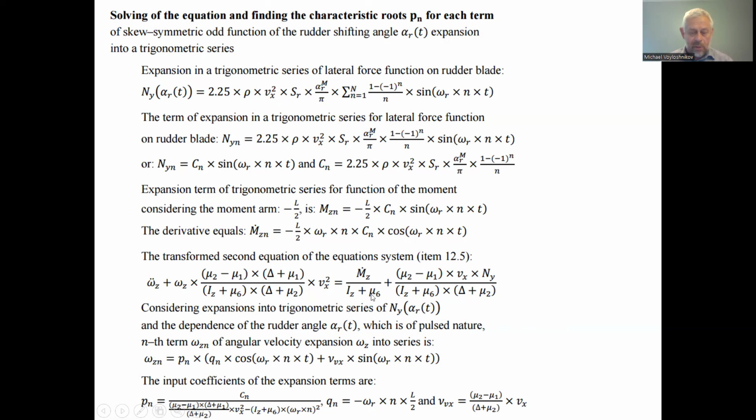But the homogeneous equation decision will attenuate gradually due to damping of the oscillation. So we have only the self-oscillations due to the action of the control system with the right side.